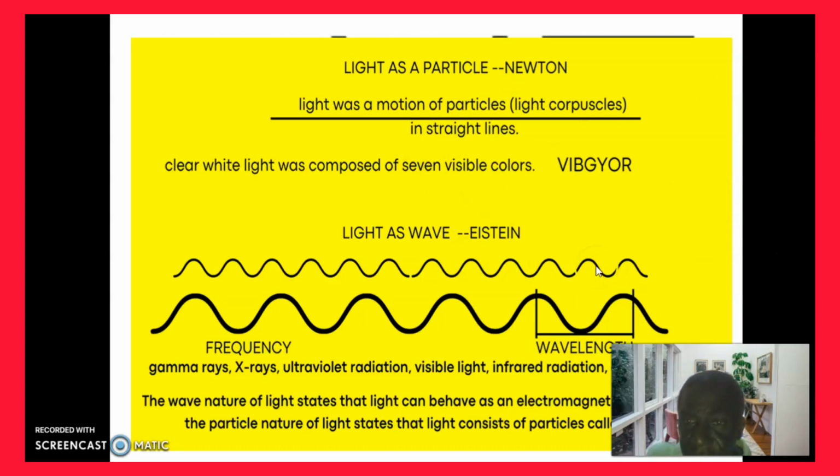Science is a continuum. Light as a particle, that is the theory at that period. So light was a motion of particles, traveling in a straight line. I drew the straight line so that you can understand it like that. When it touches a surface, there is refraction, which they came to know later. And clear light was composed of 7 visible colors.